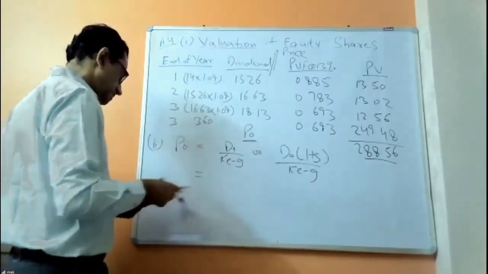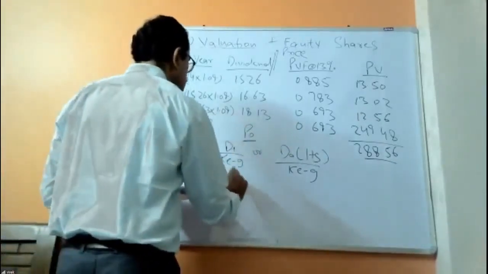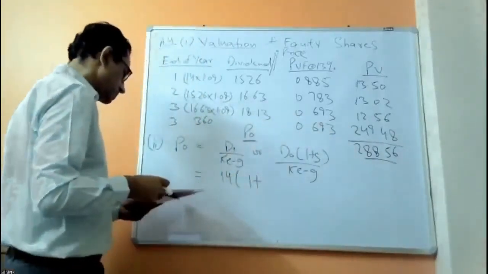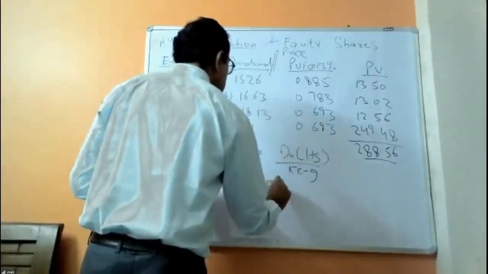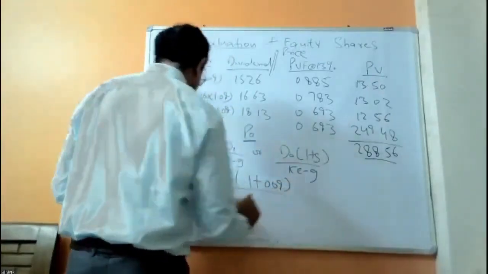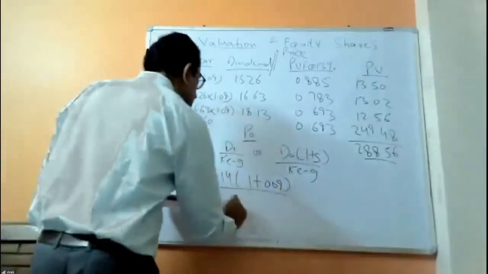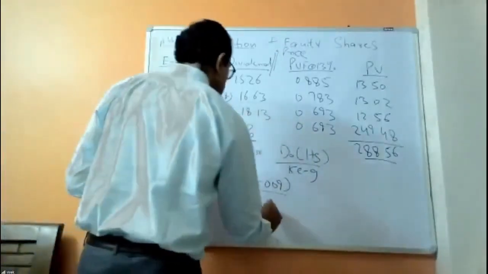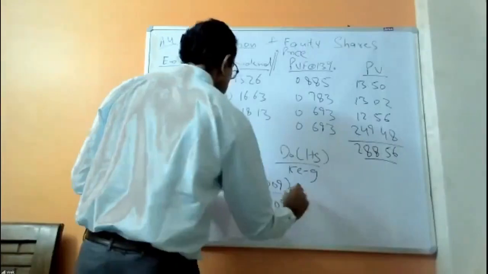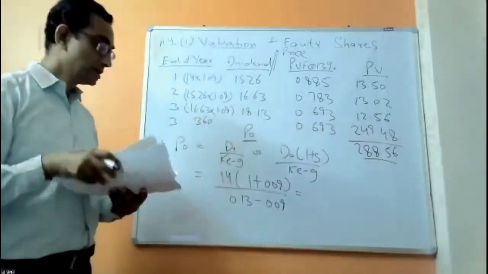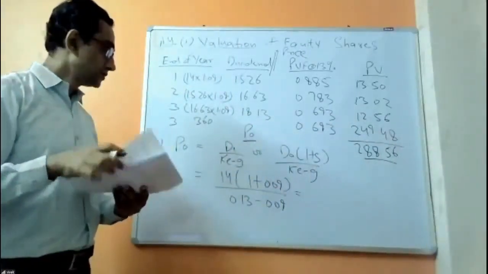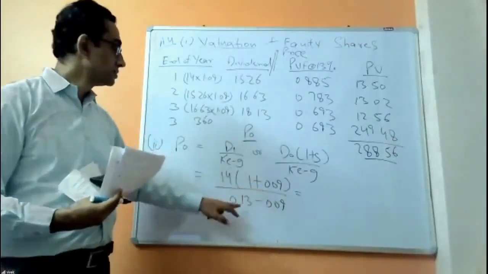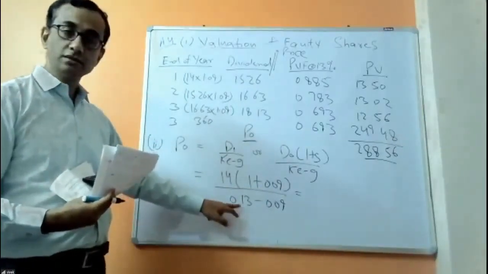The present dividend 14 multiplied by 1 plus G, that is the growth rate. Growth rate is 9%. Divided by K minus G. K is the discount rate minus growth rate, that is 9%. So 14 is the current dividend. 9 is the growth rate. And 13 is the discount rate.